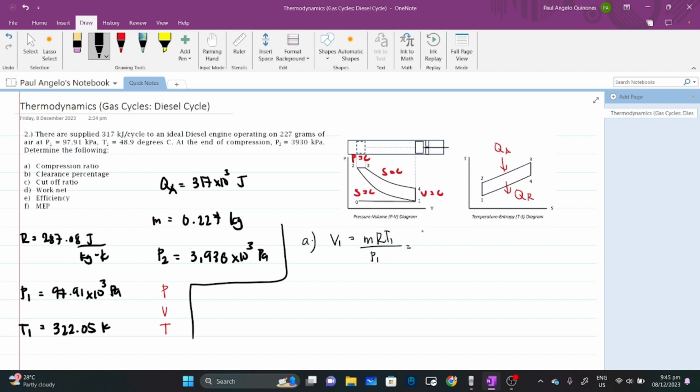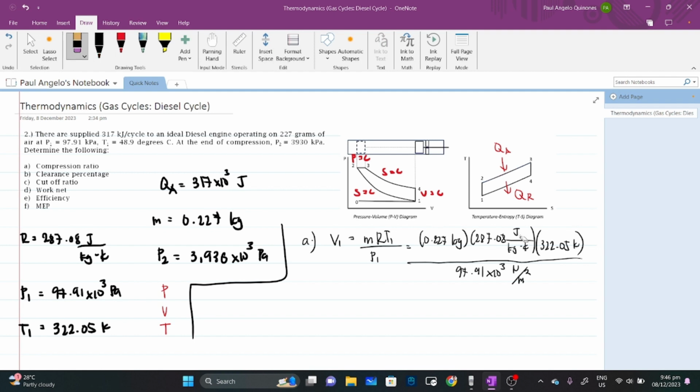Letter A, V1 is equal to M R T sub 1 over P sub 1. M is 0.227 kilograms times R of 287.08 joules per kilogram Kelvin times temperature 322.05 Kelvin over P sub 1, that is 97.91 kilopascal, or kilonewton per meter squared.